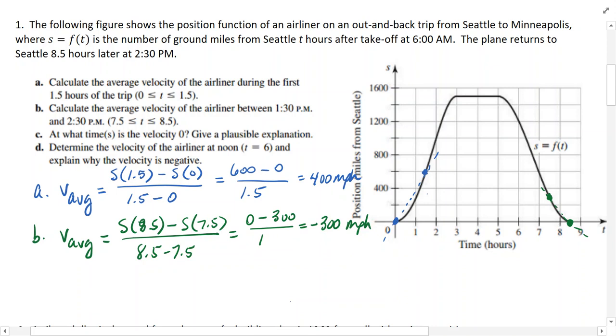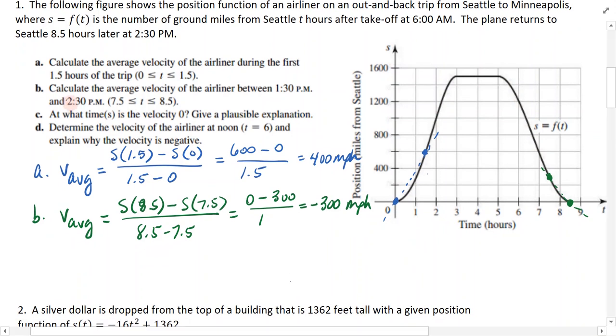Now remember, velocity is a vector, and so it can be both positive and negative. And in this instance, we're taking velocity to be positive as we fly away from Seattle, and it becomes negative then as we return back to Seattle. So it's just a position vector.